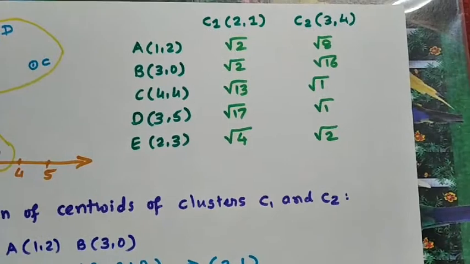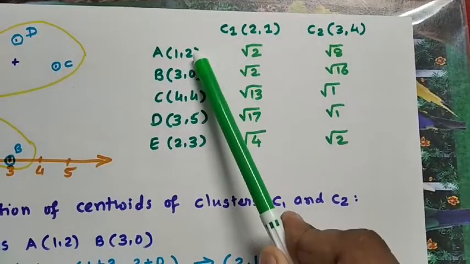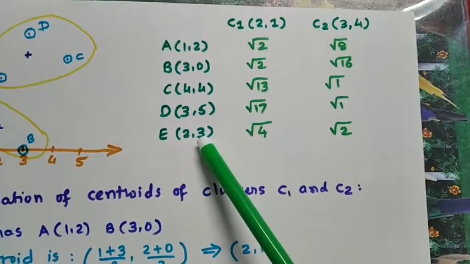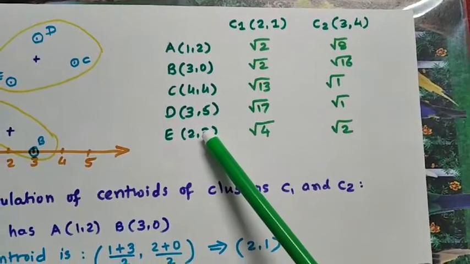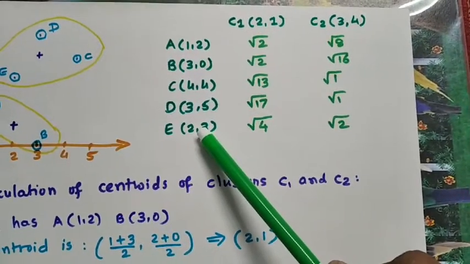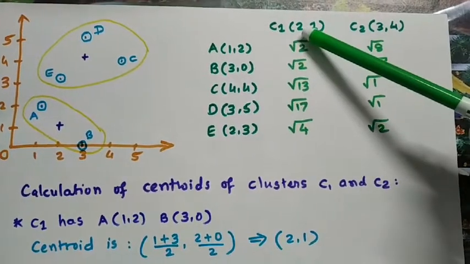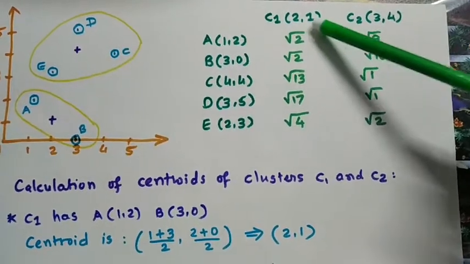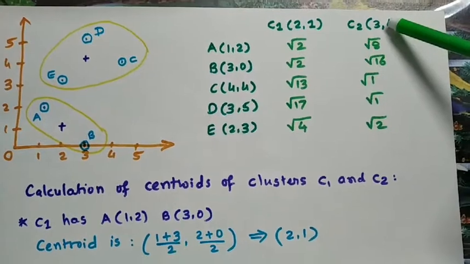In the previous iteration, the C1 and C2 coordinates were directly the coordinates of A and E, because in the very initial step we designated those two objects as the cluster representatives. But after one iteration we found some allocation of the clusters, and based on that we calculated the centroid, and these are the actual centroids of both the clusters. So C1 is 2, 1, and C2 is 3, 4.